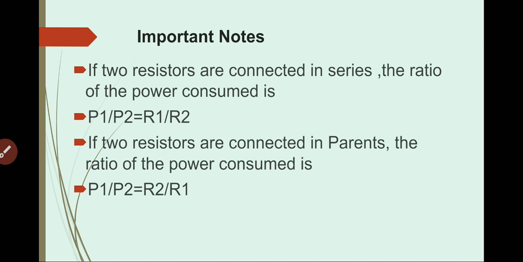But when the two resistors are connected in parallel, the ratio of power consumed is P1 by P2 equal to R2 upon R1. Why? Because in parallel combination, we add in the inverse ratio.